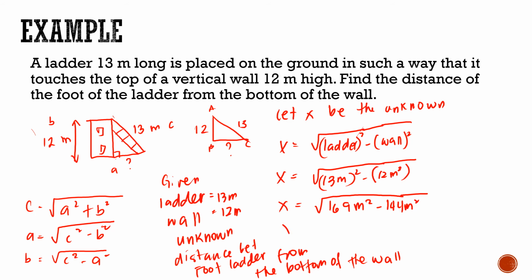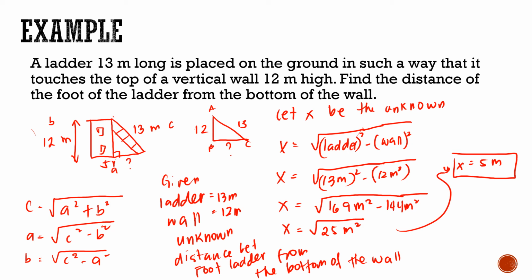Let's subtract: x is equal to the square root of 169 minus 144, that is 25 meters squared. The square root of 25 meters squared, x is equal to 5 meters. Therefore, we can conclude that the distance of the foot of the ladder from the bottom of the wall is 5 meters.